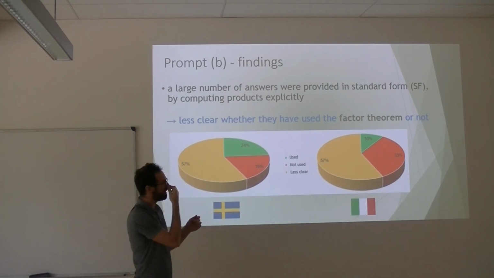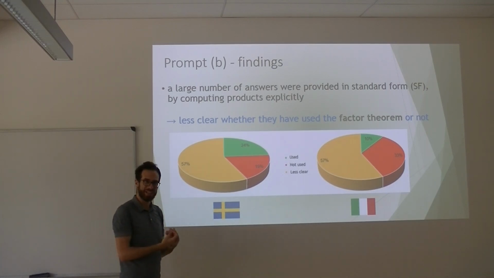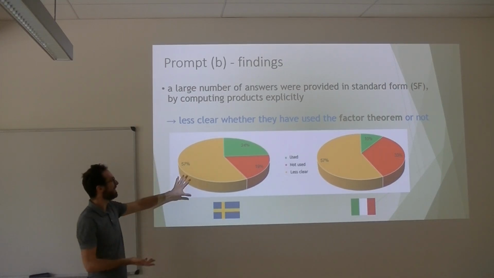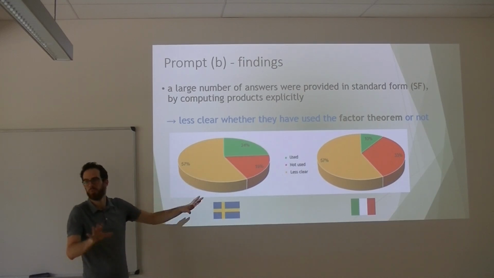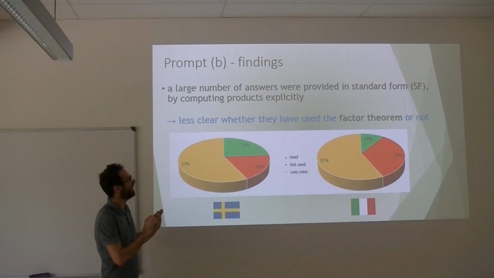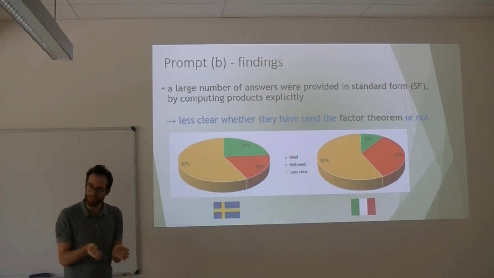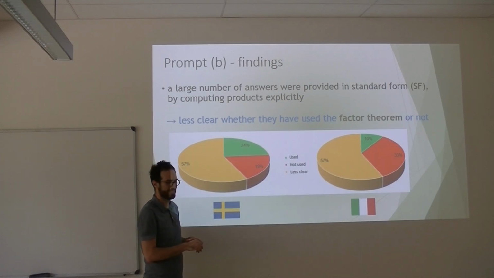Okay, so in general, we have some clear indication from the answers of the students whether they use the factor theorem or not, but in this example, for a large amount of responses, it's not clear. They may have used it or they may not have used it. We are just adding the strategy to the students when it is explicitly clear in some way that the students have used it.